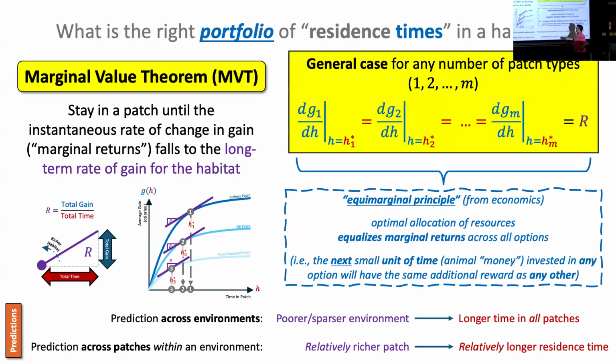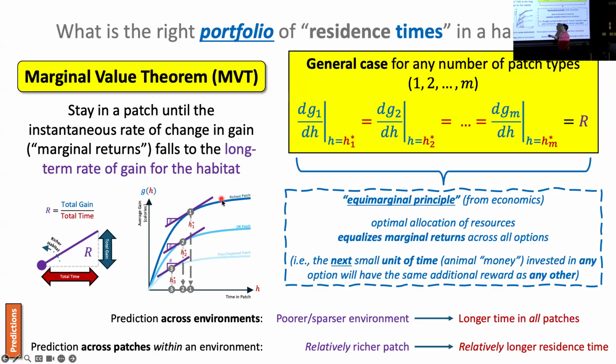Well, like I was just saying, across each patch, the point where you stop and leave that patch to go to other patches will be at a point of tangency, at a slope, at a marginal rate of return that will be the same. It'll be parallel with the slopes at the other ones.